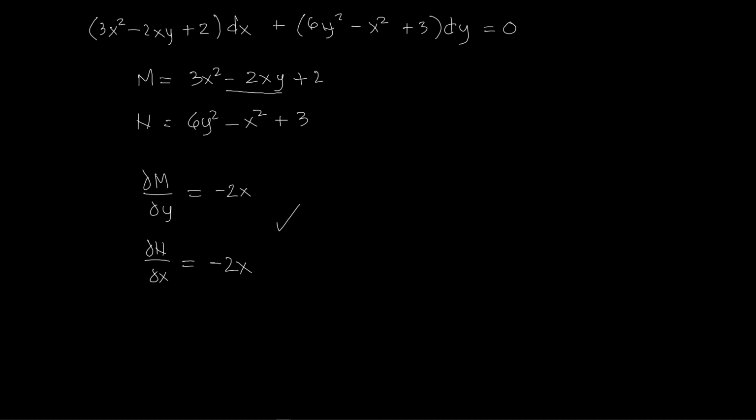Unsa to ang buhaton? Ang itaon na nato ang I of xy. Now, unsa ganitong I of xy? Equal to the integral sa either m or n, depende sa inyo.